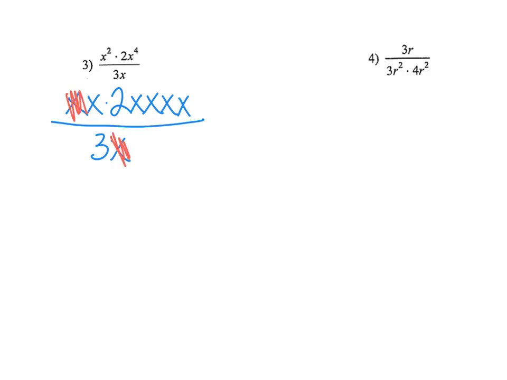One on bottom cancels, one on top cancels. And you can just write your answer now that you have 2 x to the 5th over 3.